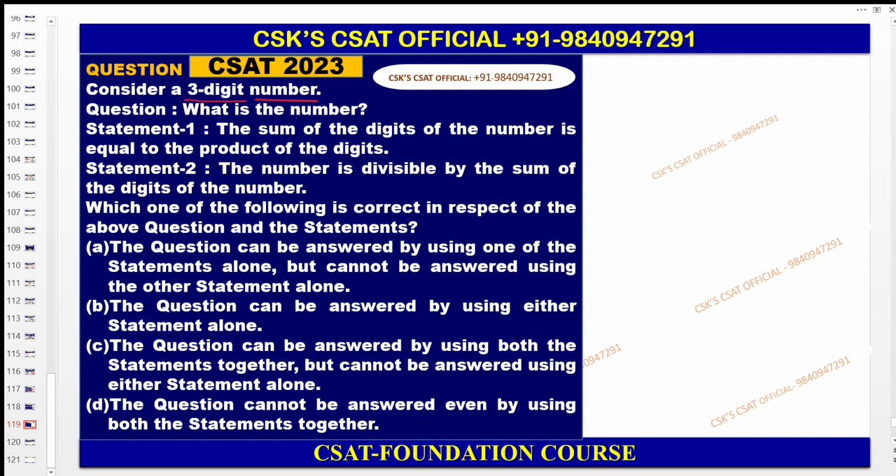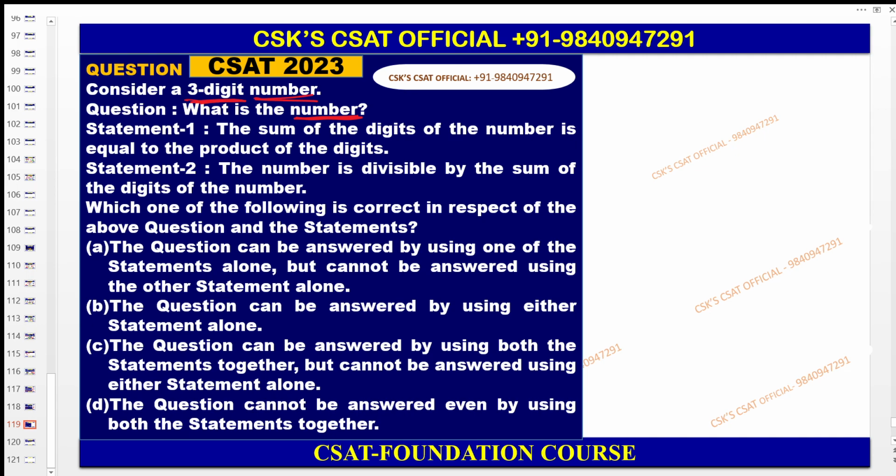So what is that number? They're asking you for the specific number, right? Whether you will be able to give the specific number or not, that only you have to check. Listen very carefully. Consider a 3-digit number.